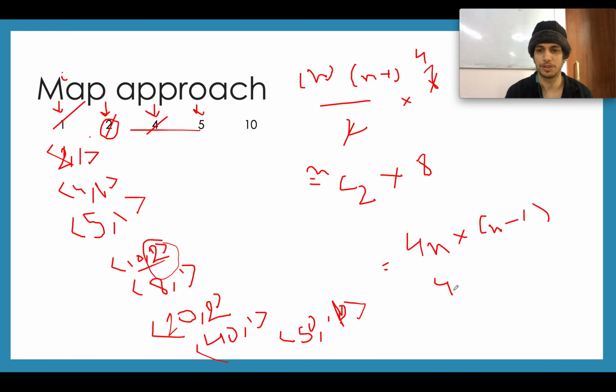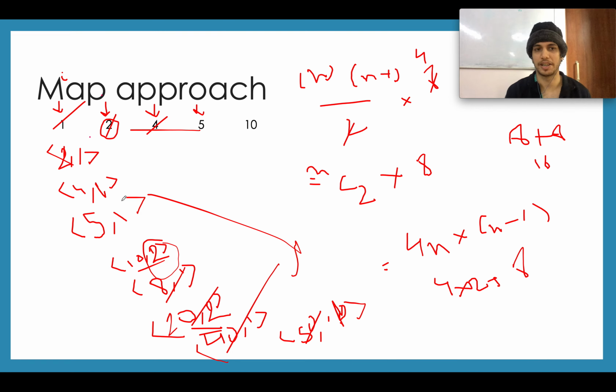So 4 into 2 is 8, the answer becomes 8, and then we move ahead, this becomes 0, we get again 20, 20 has a frequency 2, we add it to the answer, and the answer becomes 16, and then we move ahead, this becomes 0, this becomes 0, and we're done with the complete map iteration. So we have iterated over the map, used this formula, filled it into the answer variable, and summed it up. So 16 is our answer, and we are done with the logic.